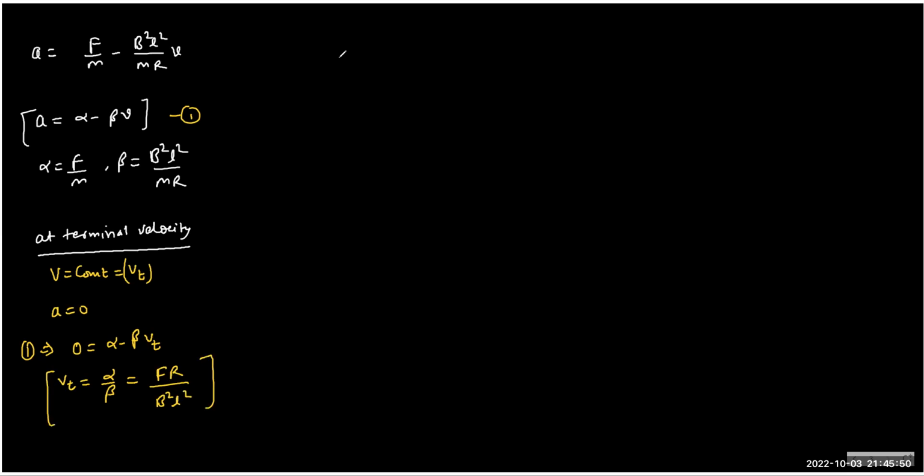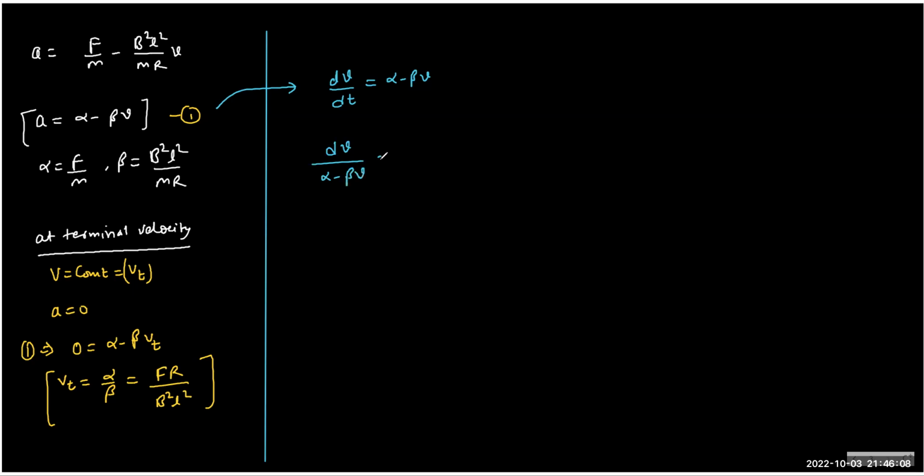And in general, to find the v as a function of t, you have to solve the differential equation. So you can say dv by dt equals alpha minus beta v, and you can integrate it: when t is zero, v is zero, and at time t, this is v.